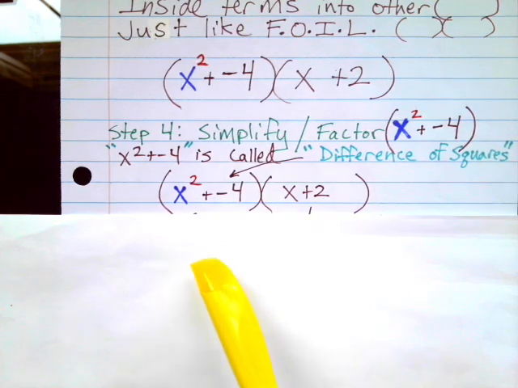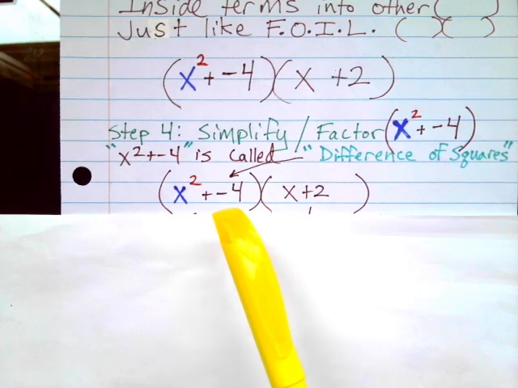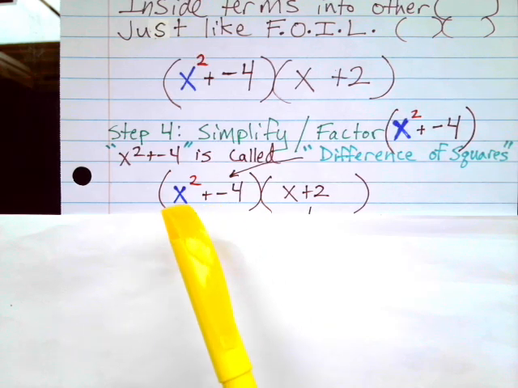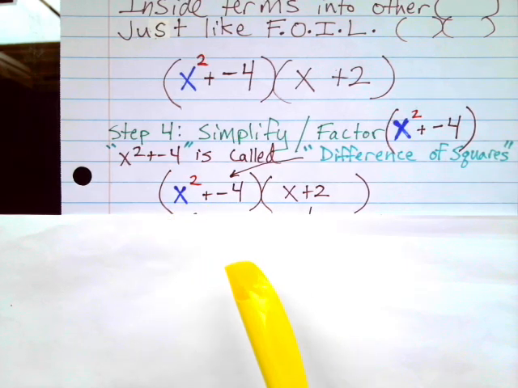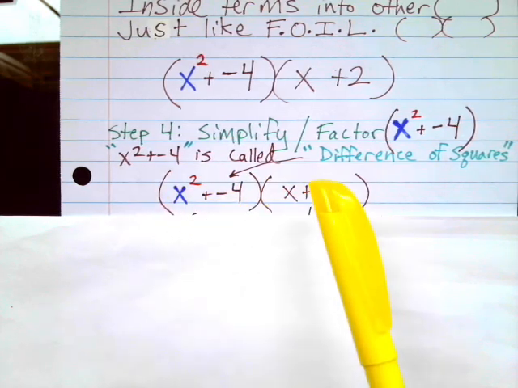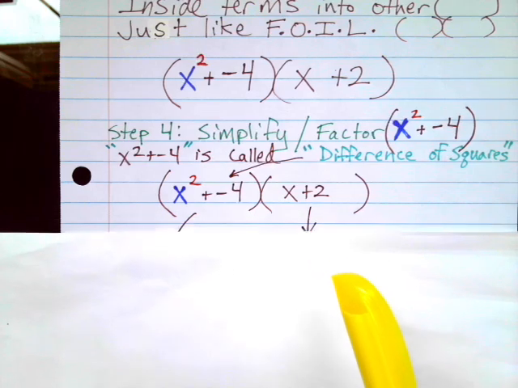What two numbers would multiply to a -4 and yet add up to 0? And we know x squared is x times x, so this will be broken up into two parentheses, and then this just remains the same.